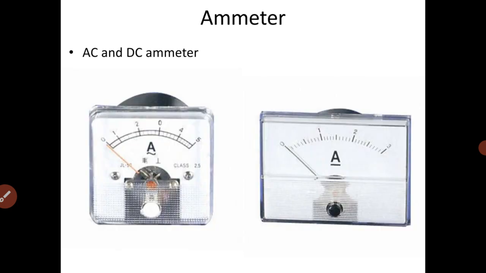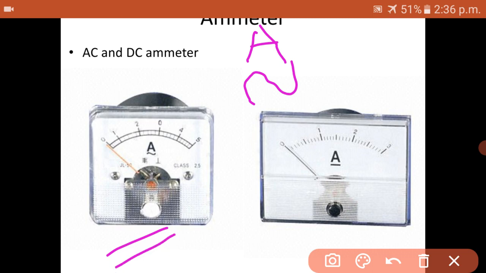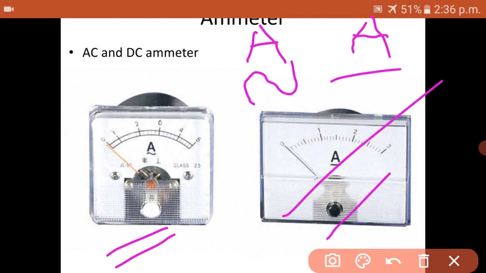Here we can see the ammeter. Ammeters also have two types, the AC ammeter and the DC ammeter. Here the first image shows the AC ammeter, because under the A there is an AC cycle shown. Next, under the A there is one single line, so this is the DC ammeter.